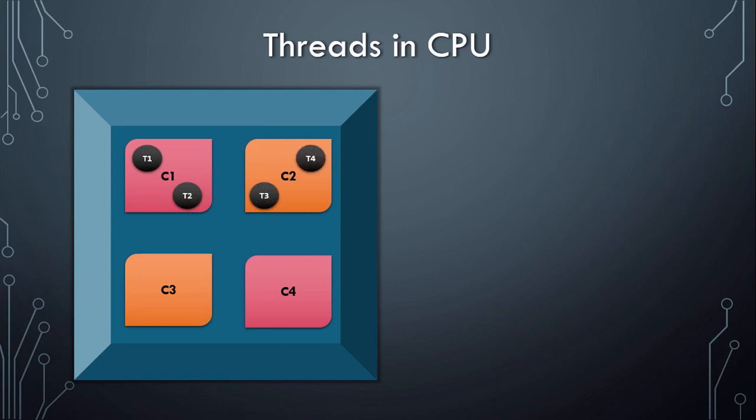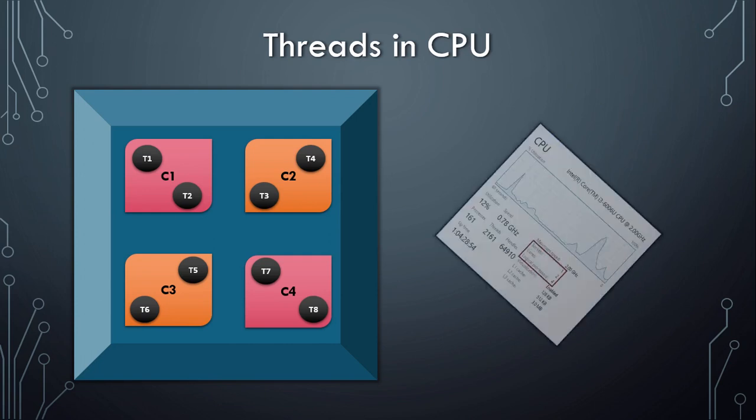So in a quad core processor we will have 8 threads. Physically we have 4 cores, but logically we have 8 threads. That means physically this CPU chip has 4 cores, and logically it has 8 CPUs, or central processing units.